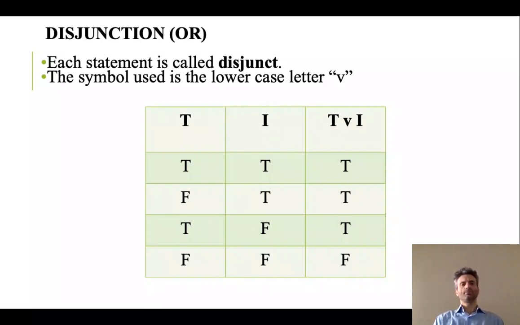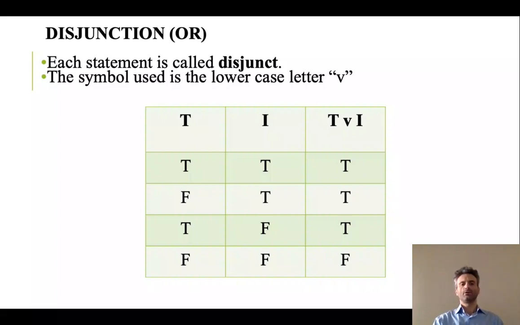The symbol that we use for the disjunction is a lowercase v, a letter V. I believe some other logicians use the same symbol, but upside down. Now, each statement here is called a disjunct.